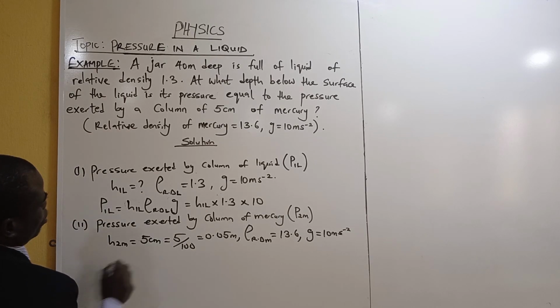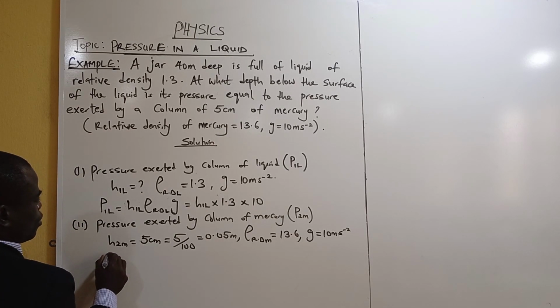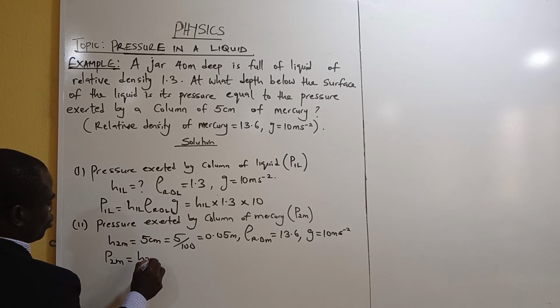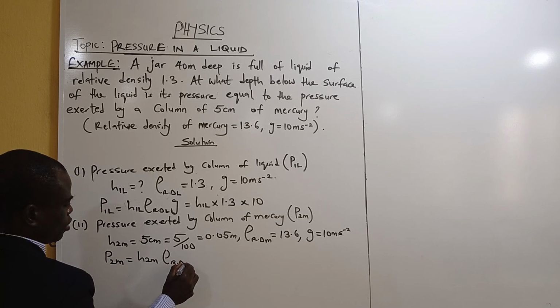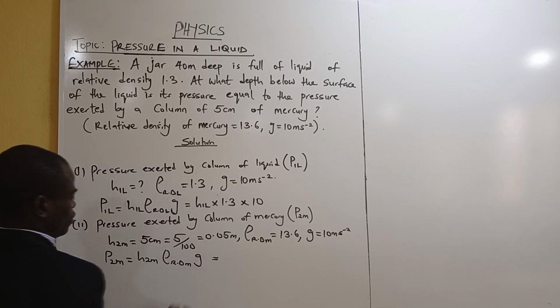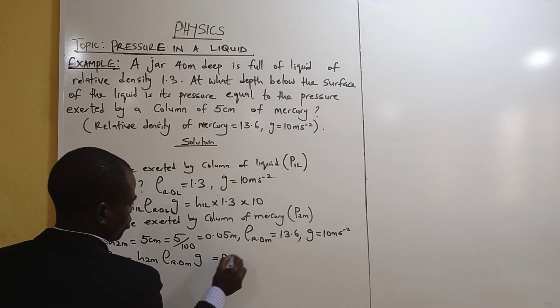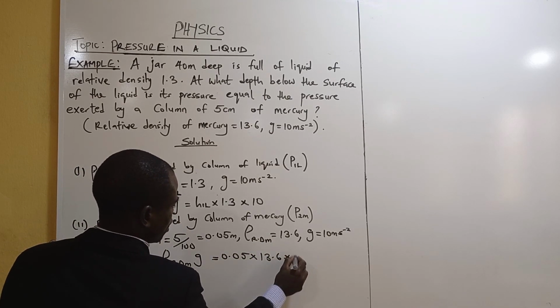Now you say P2M equals H2M multiplied by the relative density of the mercury multiplied by the acceleration due to gravity. Now you have 0.05 multiplied by 13.6 multiplied by 10.